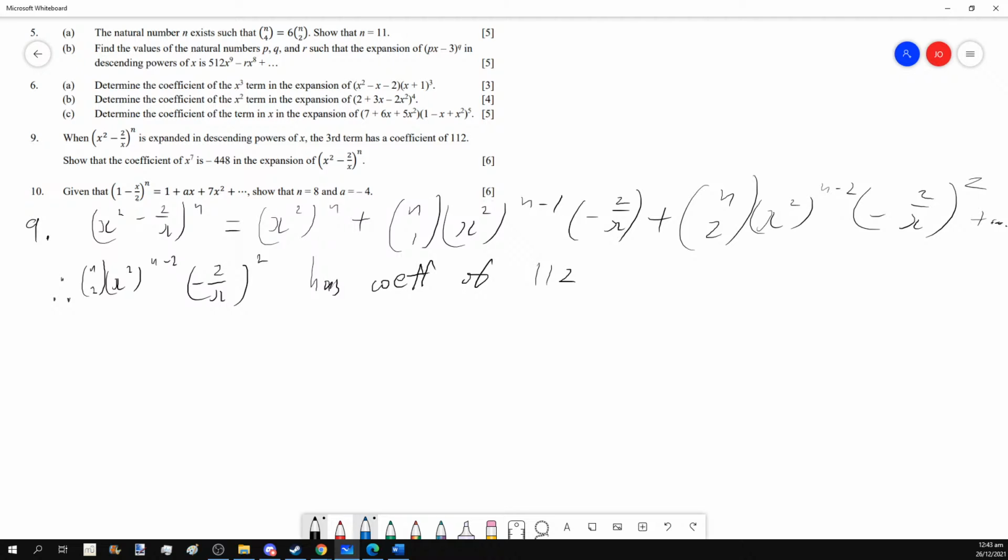Now what does this mean? It means that if I could just separate all the numbers, all the coefficients from the x, then whoever is on the left hand side, whoever is the coefficient, must be 112. So let us do the separation straight away. Over here, we will use our laws of indices to get this result.